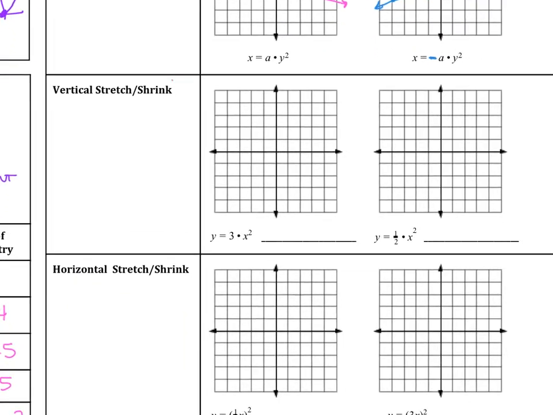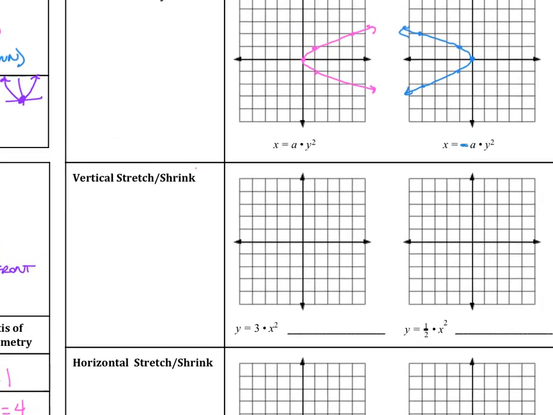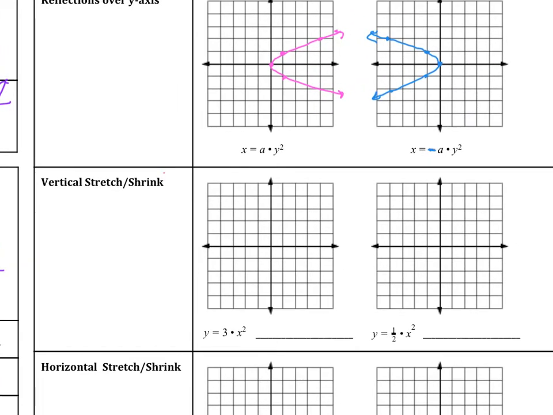Let's look at this example, vertical stretch and shrink. So 3 times x squared. What happens here is that we were actually multiplying, and this is going to be a vertical stretch by 3. Okay, it's greater than 1. Now, I'm just going to do a little table to plug this in. So we're plugging in 3x squared. And then what do we get?